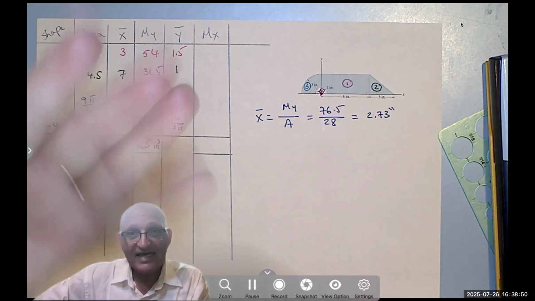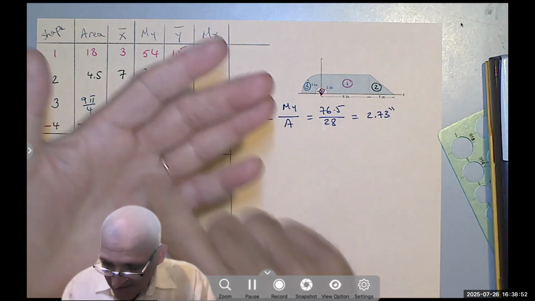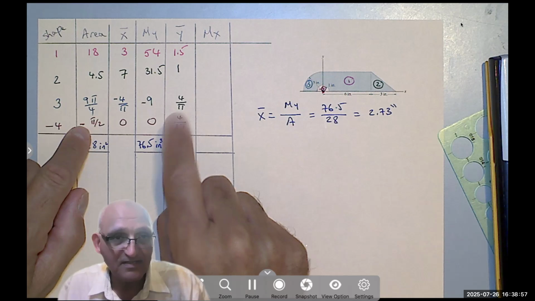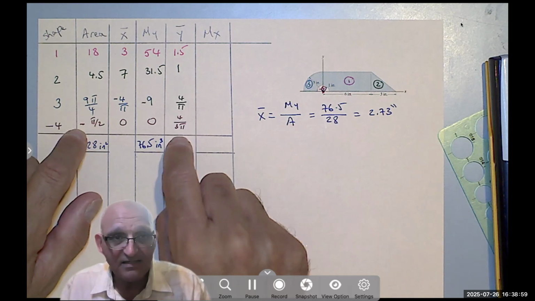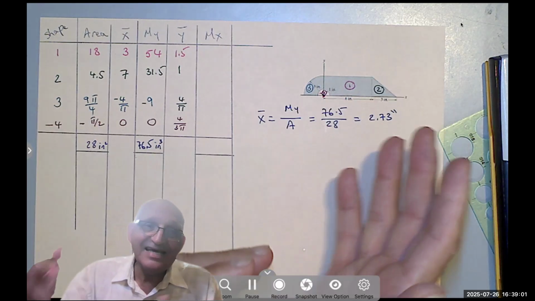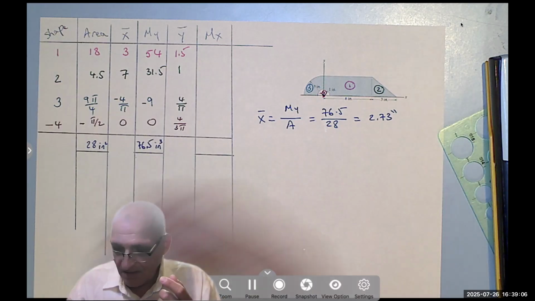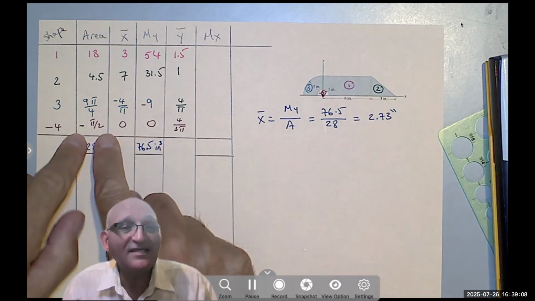If I attach and glue a semicircle on the plate, that would be positive and positive. So if you make it negative and negative, that becomes an extra semicircle, not a cut semicircle. You cut it only in the area.